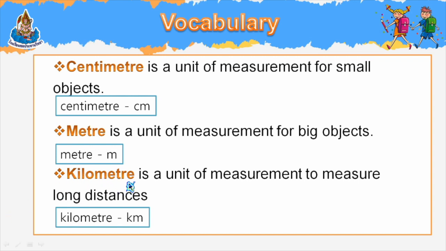Long distances, or from Bangkok to Nonthaburi, from Nonthaburi to Chiang Mai, or from here, Thailand to Japan, from Thailand to Canada, like that. We usually measure it using kilometers. How are we going to write it? You can write it this way, kilometer or km. This is the abbreviation of it.